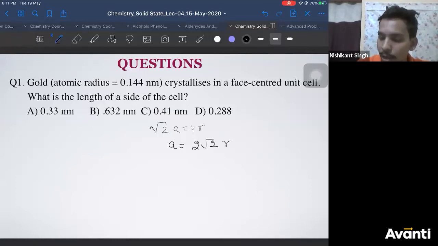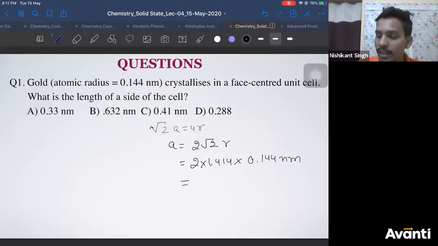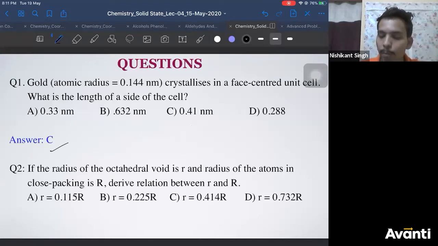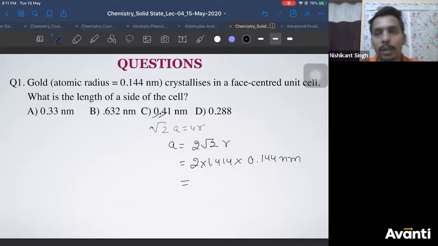You can substitute the value of radius: 2 into 1.414 into 0.144 nanometer. On simplification, you'll get your answer equal to option C, that is 0.41 nanometer. So the correct answer here is 0.41 nanometer, which was answered by many of you.